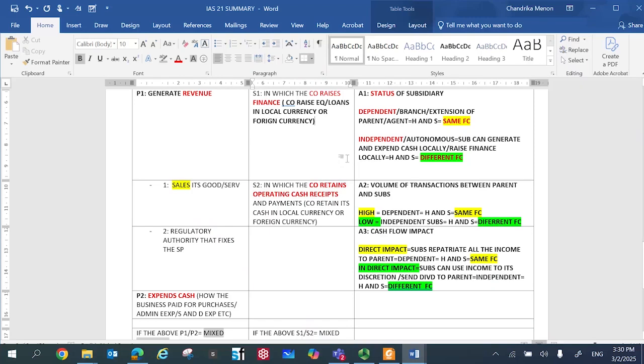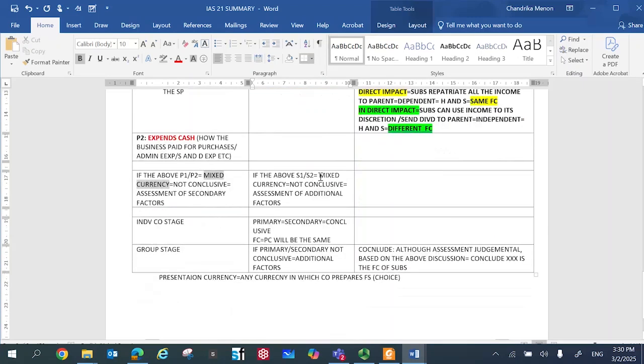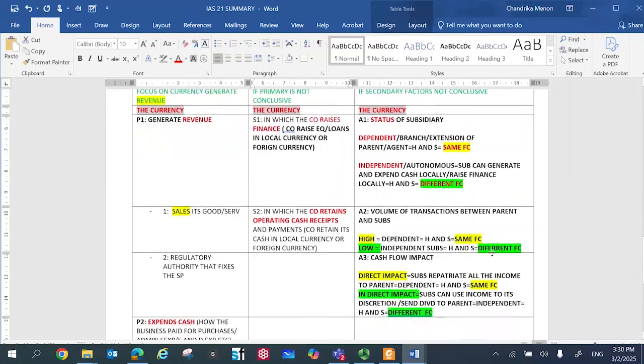Again, what's the problem? If the above are not conclusive, then you must write, we need to make an assessment of additional factors. But if primary and secondary are already conclusive, no need to do additional, then you can assume that functional currency and presentation currency will be the same. But if not conclusive, then we have to go to additional factors.